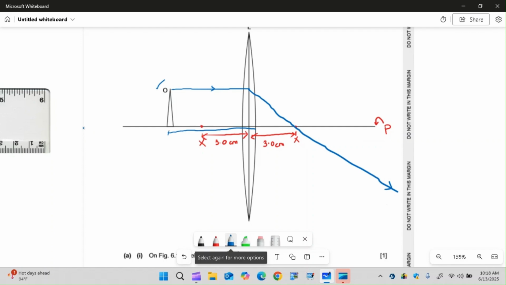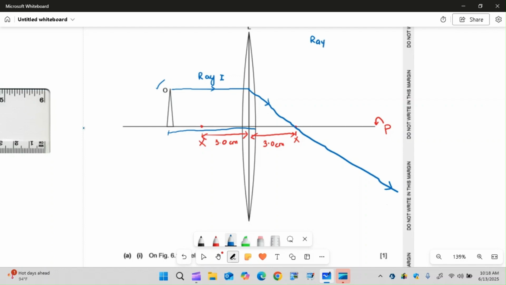Okay, this is ray 1, which is parallel to the principal axis and passes through the focal point.